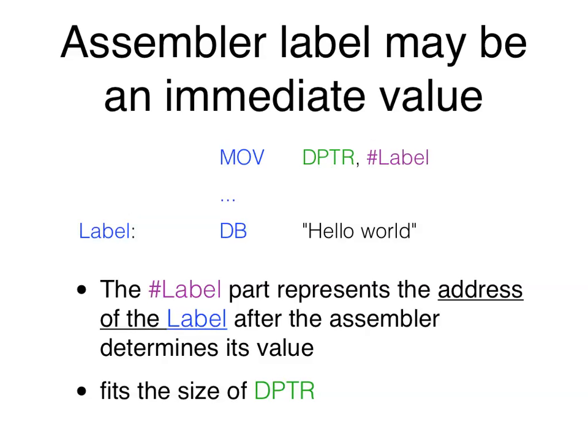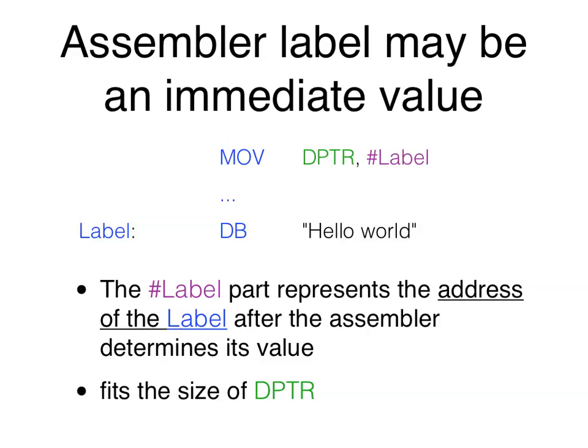It marks a location. And it turns out you can use a label or the value of a label as an immediate as well. So here, for example, you have some assembly listing, some instructions, and then some label, right? It could be any identifier, colon, right? That's a symbolic name for that address. And then you can do DB and some string hello world.